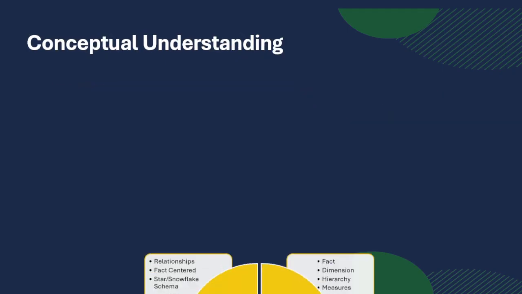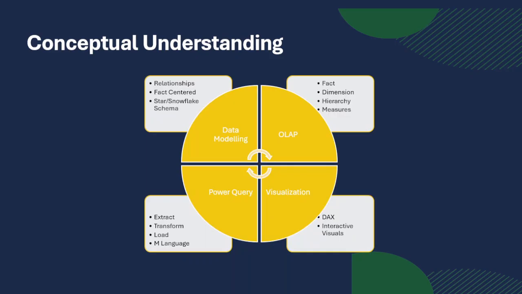Okay, so the conceptual understanding: data modeling. First of all, you have to work with OLAP. This is the fact table. You can work with the fact table, dimension table, hierarchy, and measures, which are very important. Then Power Query ETL, which is extract, transform, and load, a manipulation language.